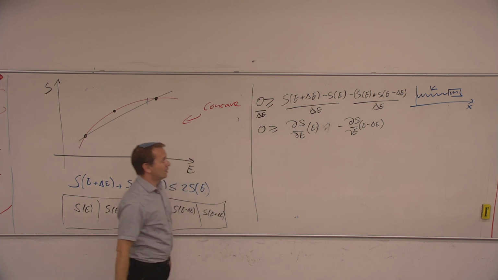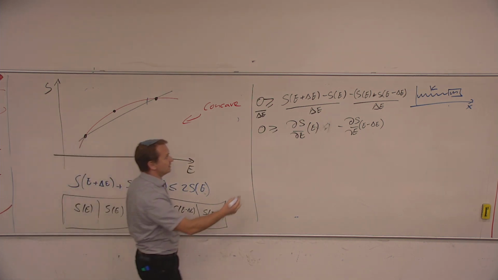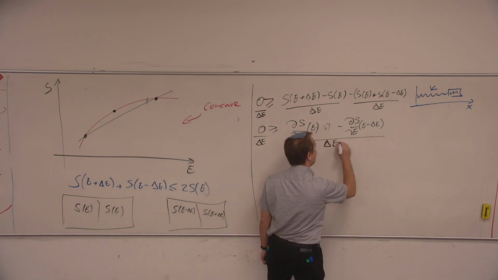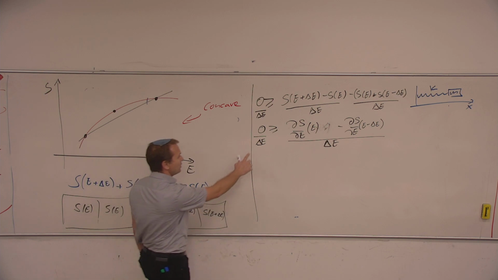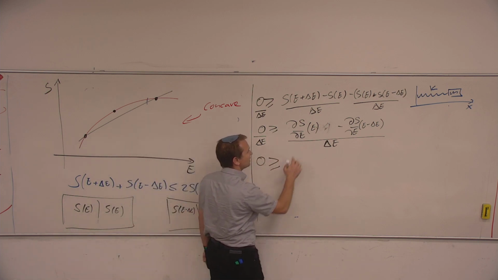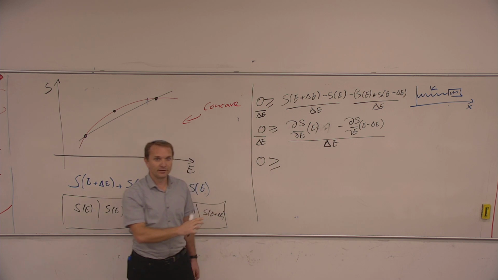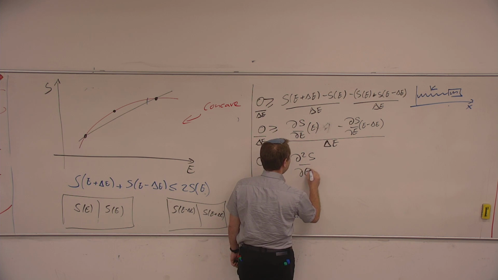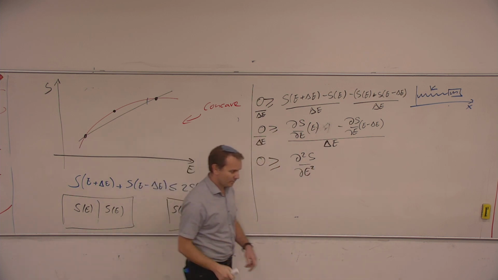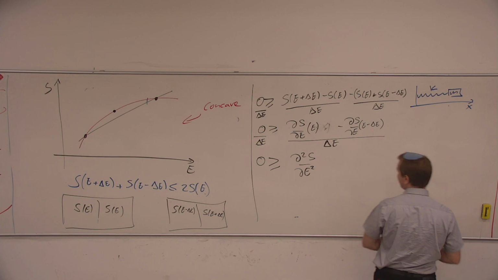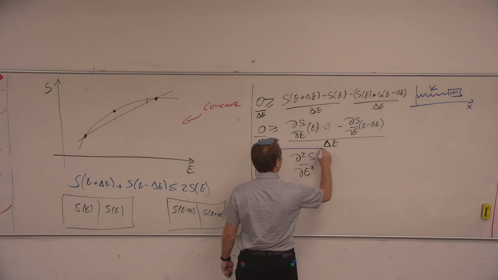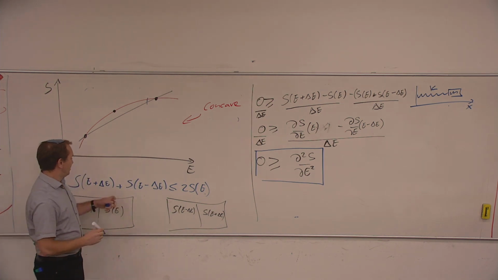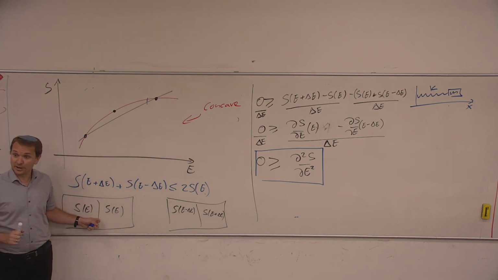Let's divide it another time by delta E. On the left-hand side, we're getting 0. On the right-hand side, we're getting a second derivative, d squared S over dE squared, at the equilibrium.